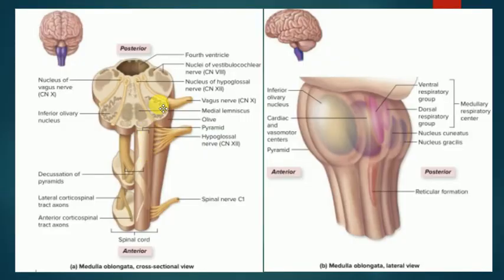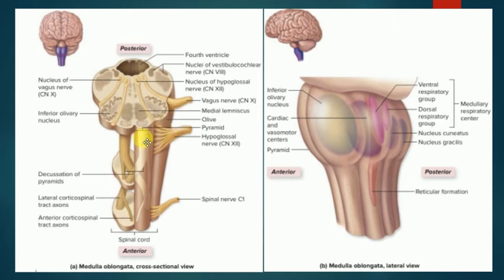Here we can see the fourth ventricle and the nuclei of the vestibulocochlear nerve, that is cranial nerve 8. Nucleus of the hypoglossal nerve, cranial nerve 12. And here we can see the olive.